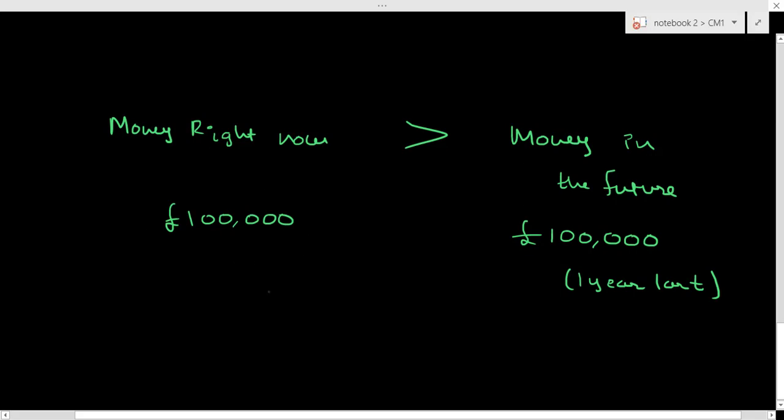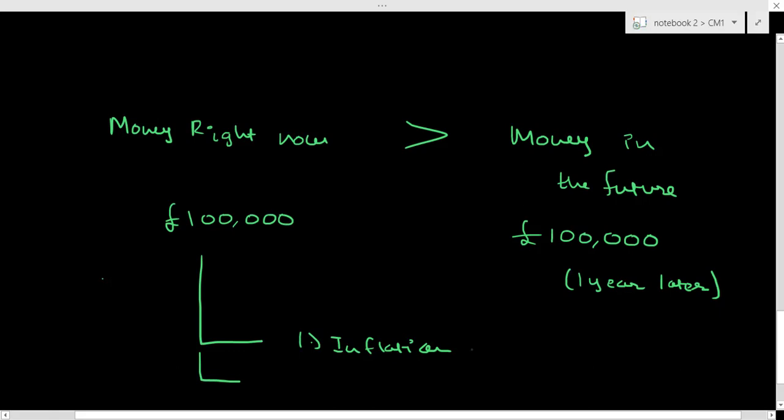And what is the reason behind it? If I ask you why you would prefer receiving 100,000 pounds right now instead of receiving 100,000 pounds 1 year down the line, there are two reasons. The first reason is inflation. Probably with this 1 lakh that you receive, you want to buy some goods.